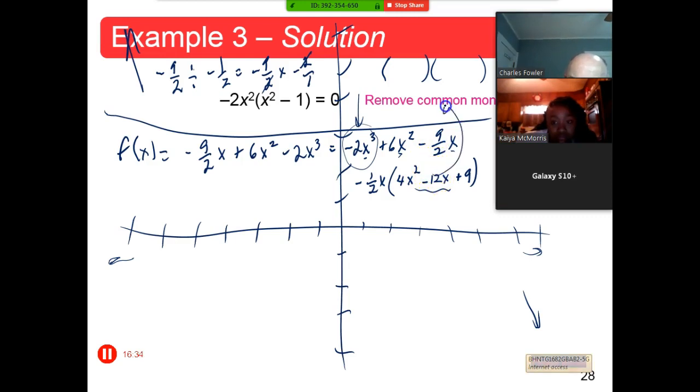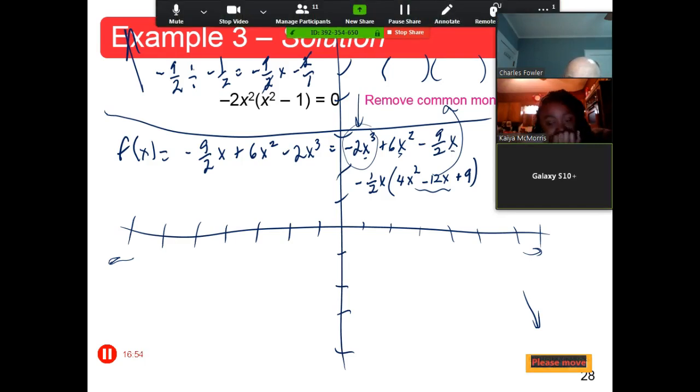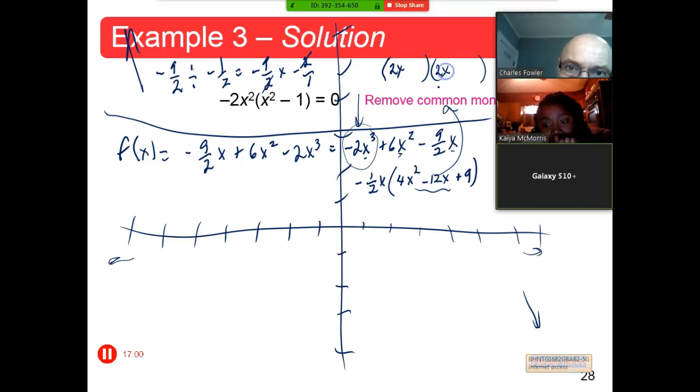How are we going to factor it? What's one possible factorization for 4x squared? What's the first thing that comes to mind? Factor 4x squared. 2x times 2x. Let's try it. 2x times 2x. Make sense?